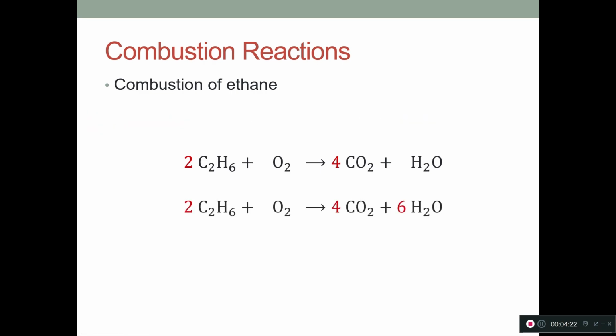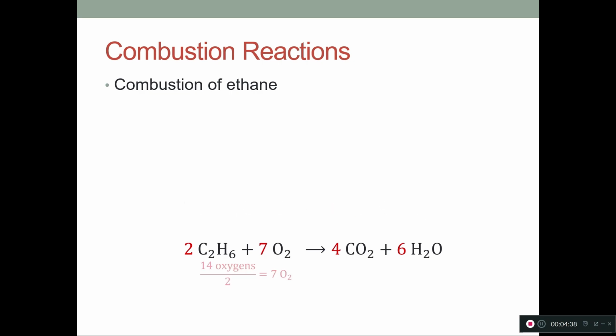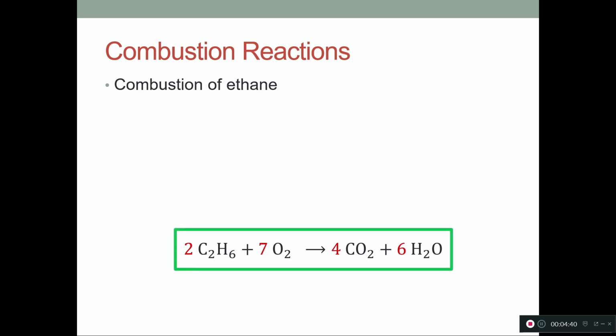So 6 times 2 gives us the 12. This gives us 14 oxygens total in the products, so we would have to do 7 right here because 14 oxygens divided by 2 gives us 7. So that gives us our 7 O2 in the reactants. That would make this our balanced chemical equation for the combustion of ethane.